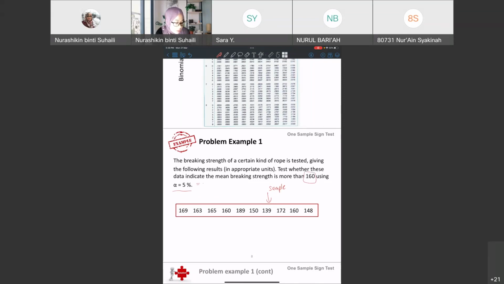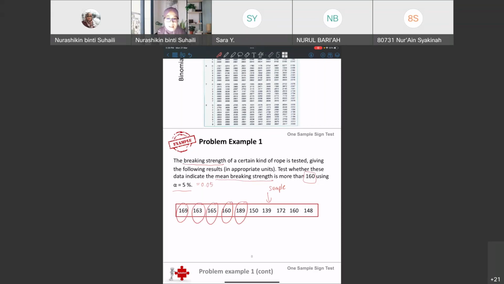You convert it into 0.05. Okay. So if you see the question, test whether these data indicate the mean breaking strength. So each of these is breaking strength. Good. So the ultimate aim is to see whether the mean of all these samples is more or less than 160.